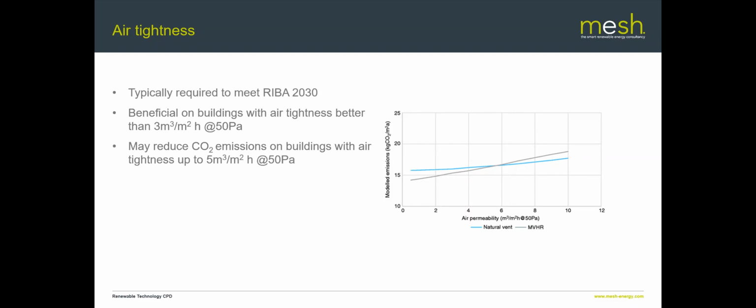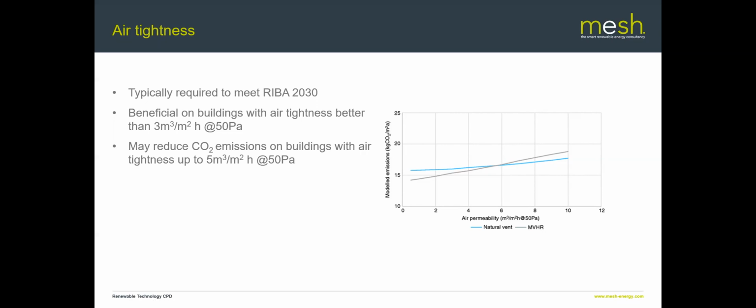And we know that MVHR is likely to be beneficial, or will nearly always be beneficial, on buildings where air tightness is better than 3 meters cubed per meter squared per hour at 50 pascals. But it may also reduce emissions, reduce energy consumption, and hence emissions, on buildings with air tightnesses up to around 5 meters cubed per meter squared per hour at 50 pascals.